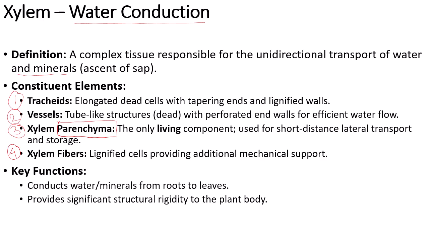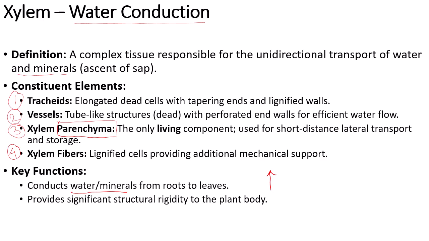The key function of xylem is conduction and transport of water and minerals, and it takes place only in the upward direction, and it provides significant structural rigidity to the plant body. So along with conduction, xylem also performs the function of a mechanical tissue.